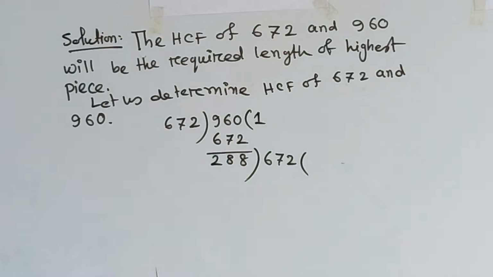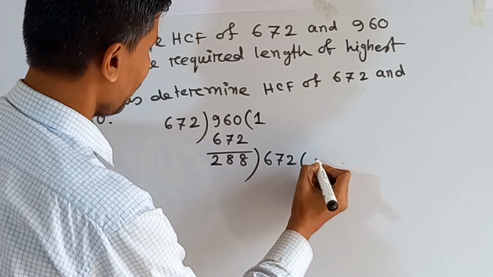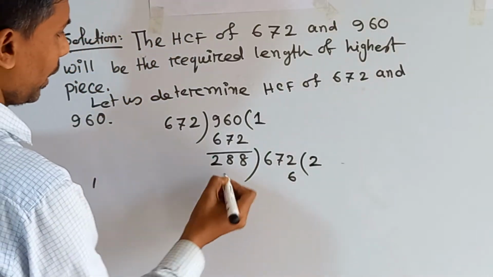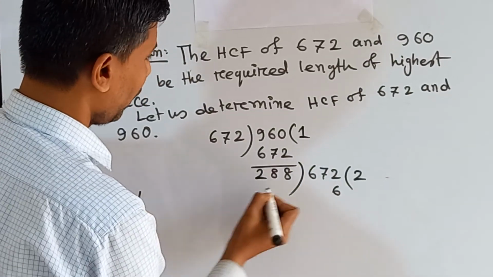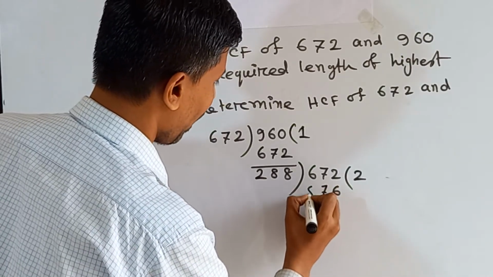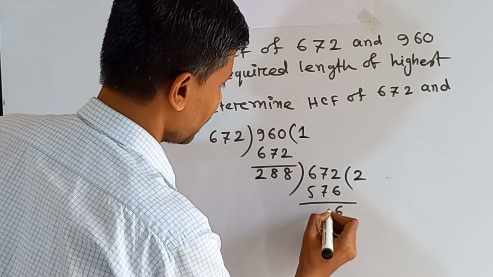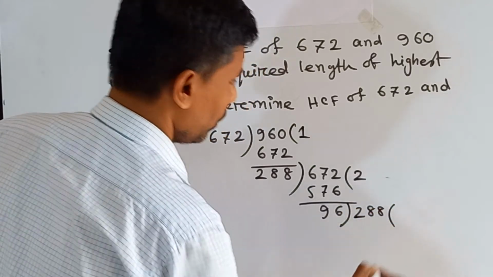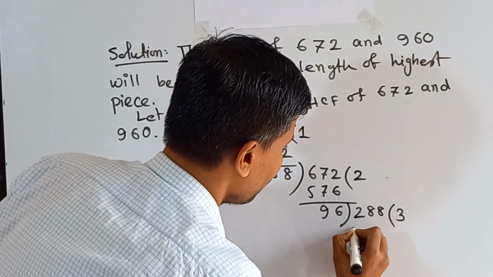Student, look, how many times can we divide? 2 times. 2 times 288 is 576, and the remainder is 96. Now again divide 288 by 96. Look, it goes 3 times.